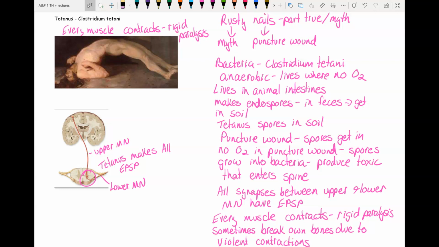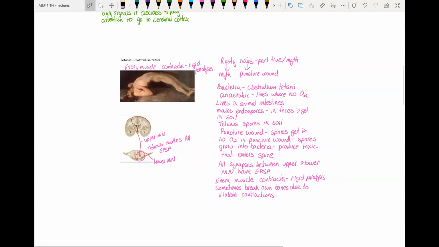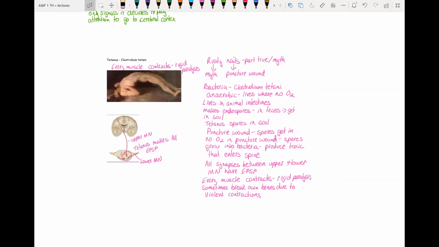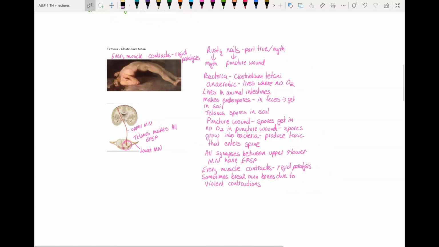And the only thing they could do for you was dig a pit and bury you with just your head sticking up out of the pit. The reason for that was to try to stop those violent contractions that would end up breaking your own bones. Because if you're buried, you can't really move. So there is your motor neurons and sensory neurons and kind of the big picture of how all that works.